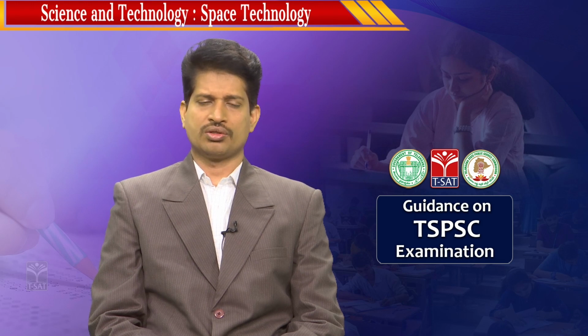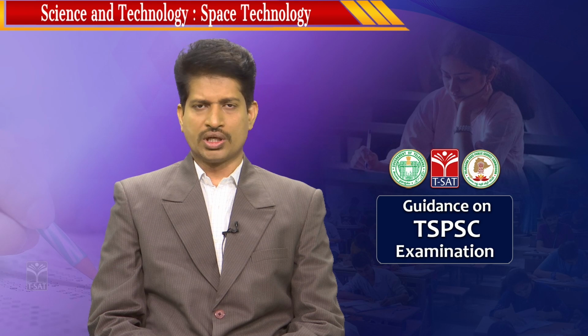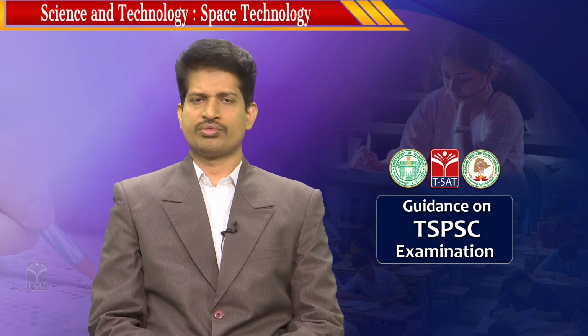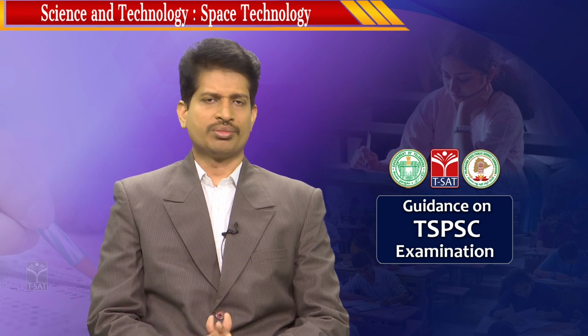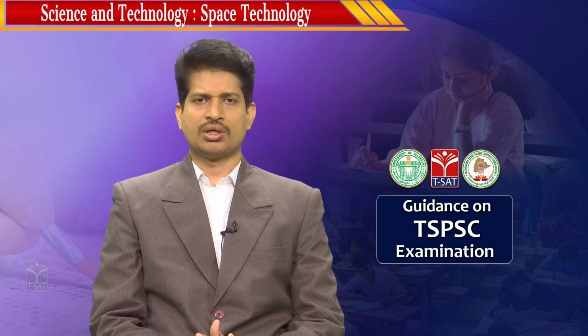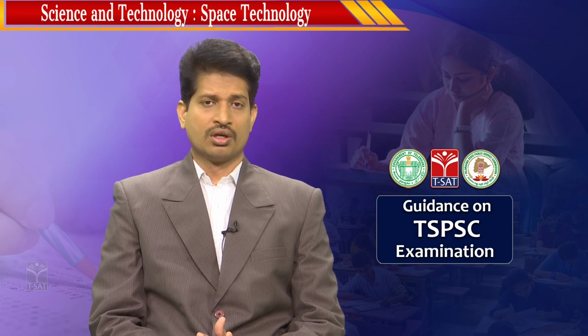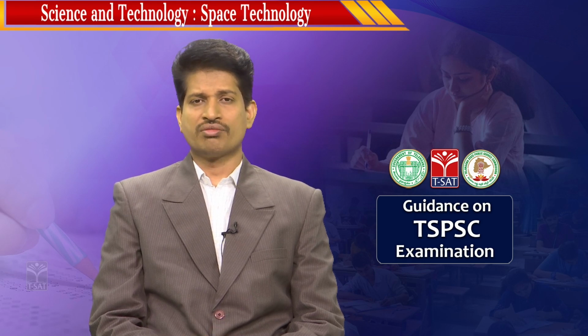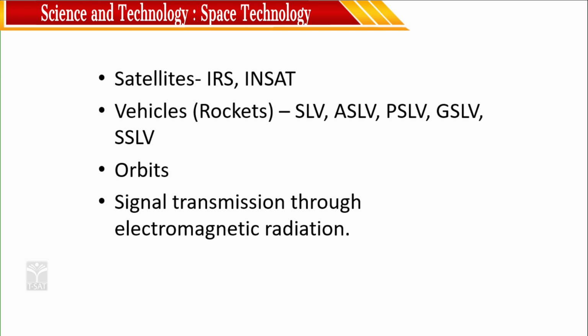We need to know about different types of satellites, different types of orbits, and different types of vehicles which carry satellites. When we are clear with this, we will be able to understand how communication happens with the help of space technology and what the different applications of this space technology for the purpose of communications are, which we are going to discuss.